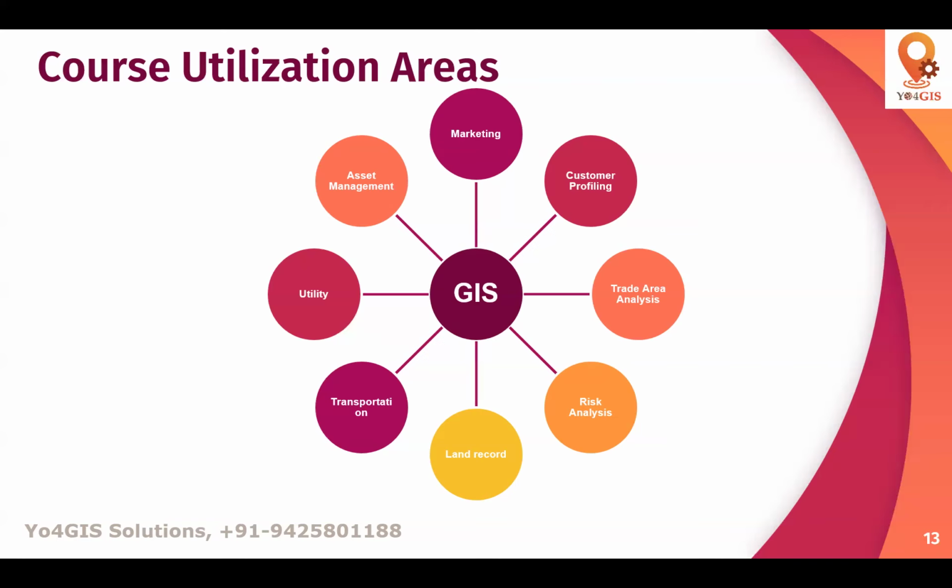Like marketing. In marketing, all the FMCG companies, all the marketing companies are using GIS. How are they using GIS? They are basically using GIS to find out the potential customer. Based on the potential customer, they can create the distribution point.